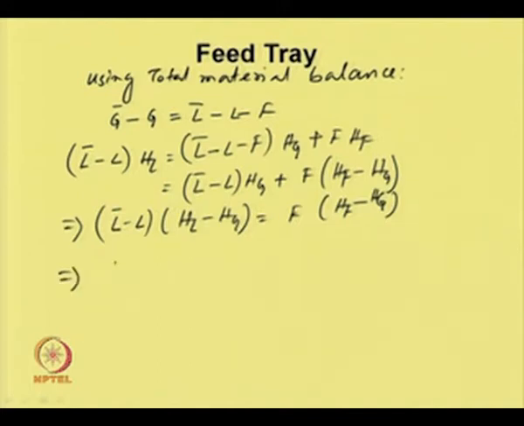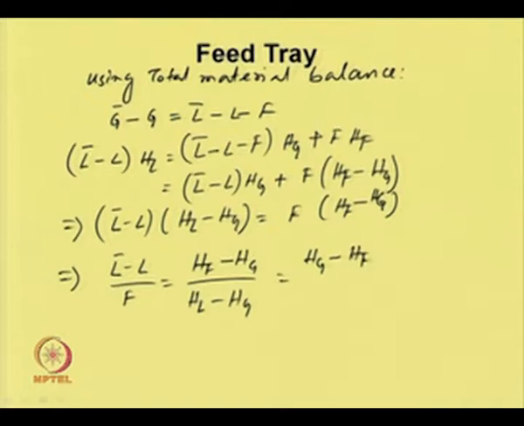We can write L bar minus L by F is equal to HF minus HG by HL minus HG, or HG minus HF divided by HG minus HL. The quantity we can call Q.